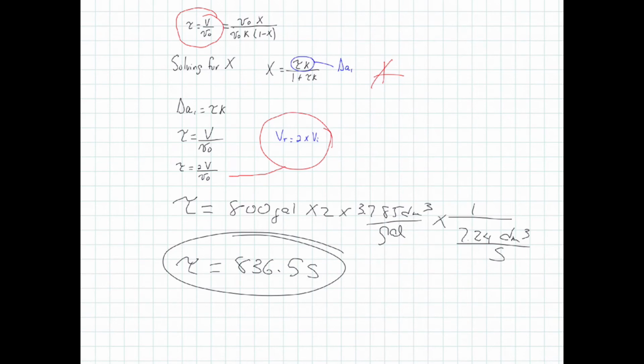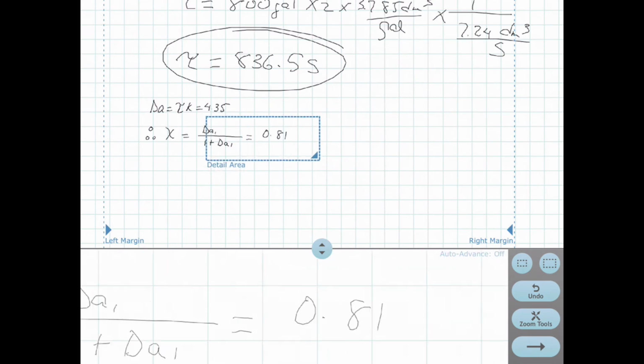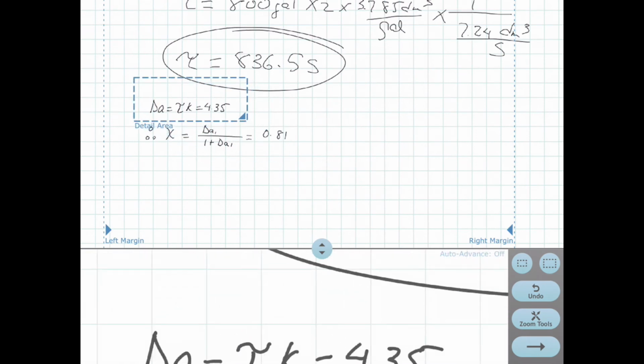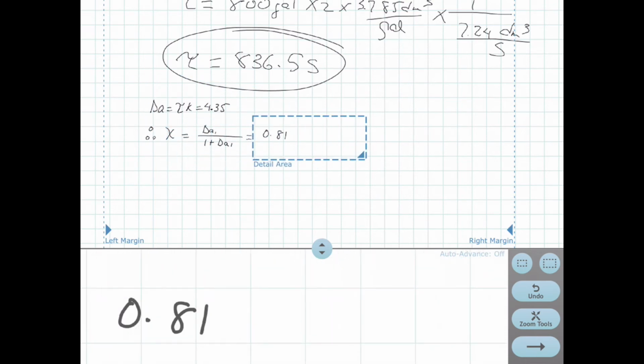Then we're going to move on to calculate the Damköhler number and the conversion for each of the reactors. If we calculate that Damköhler number, as you see here, it is 4.35, and calculating the conversion, we end up having 0.81. I want you to remember that previously we saw one reactor with a first order reaction, and the conversion for that reactor was 0.80, I'm sorry.